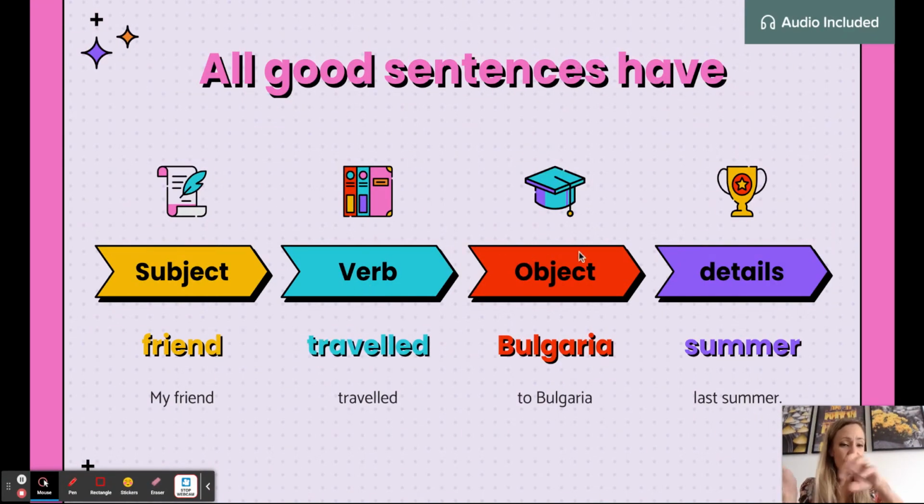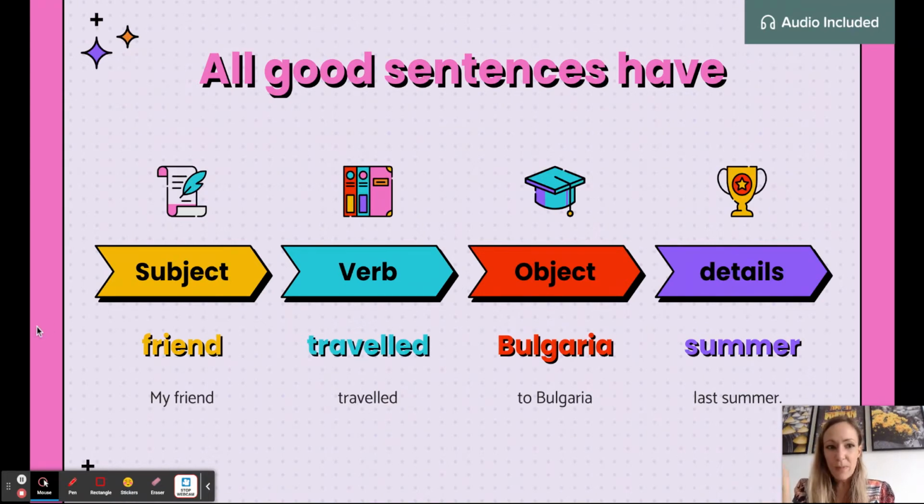It needs an object, so the noun at which the action is directed, and then there's some other details. Very few sentences work with just the three words, although those are the essentials. Every good sentence must have a subject and a verb and an object. Missing one of these pieces is what will result in a sentence fragment.